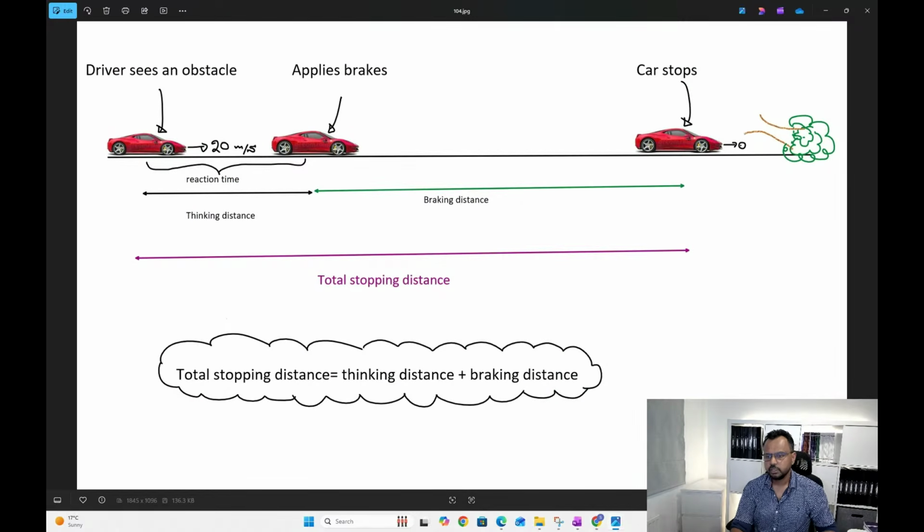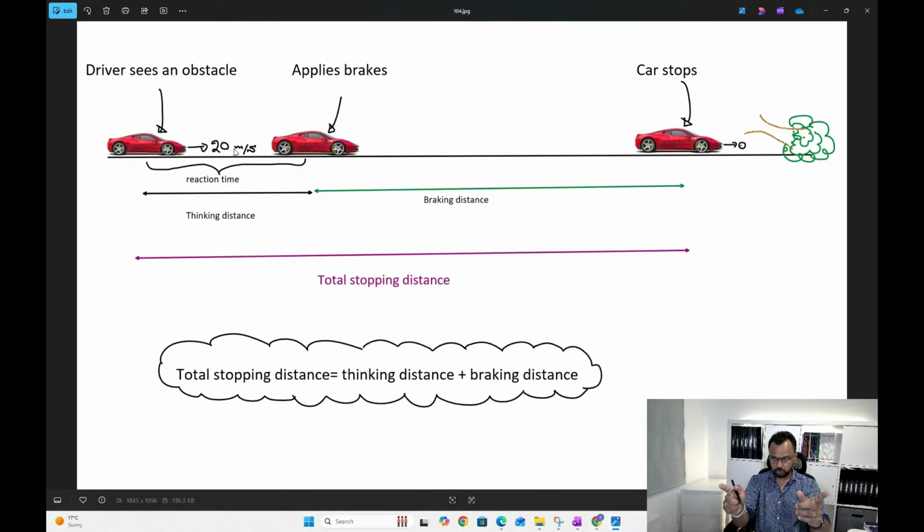Now, say a driver is driving along a straight horizontal road, and at this point, the driver sees an obstacle, say a fallen tree ahead. Can the driver press the brakes exactly on that spot? Not really, right? Let's say the car was traveling at 20 meters per second.